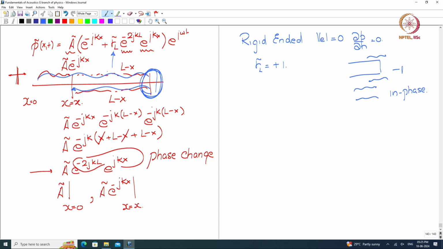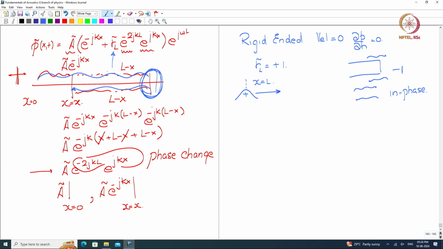Okay. So I'll tell you, you have a pressure that is going, let's say it hits positive at this point, at x equal to L. Okay. So it will have a velocity going that way.